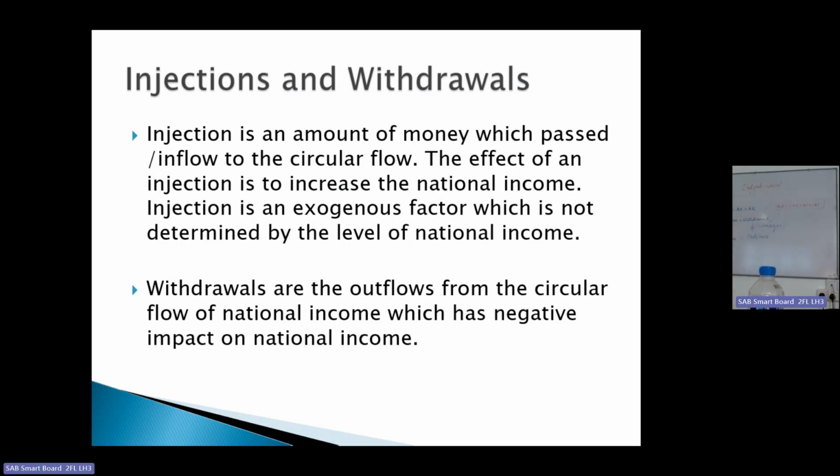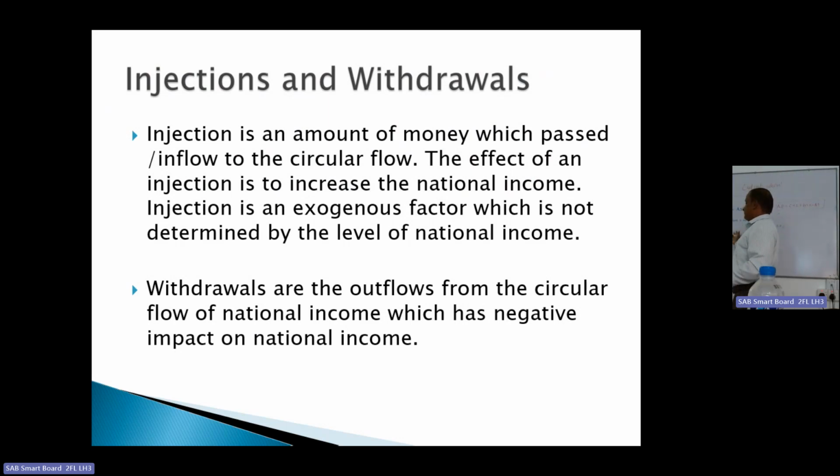So those are the outflows. We can calculate the inflows and outflows, right? Inflows have a positive impact on national income, outflows have a negative impact on national income. Injections are the amount which flows into the circular model, which has a positive impact on national income.